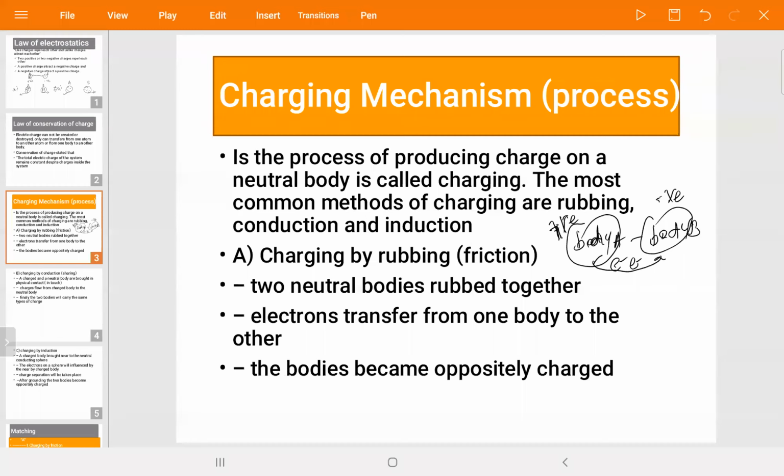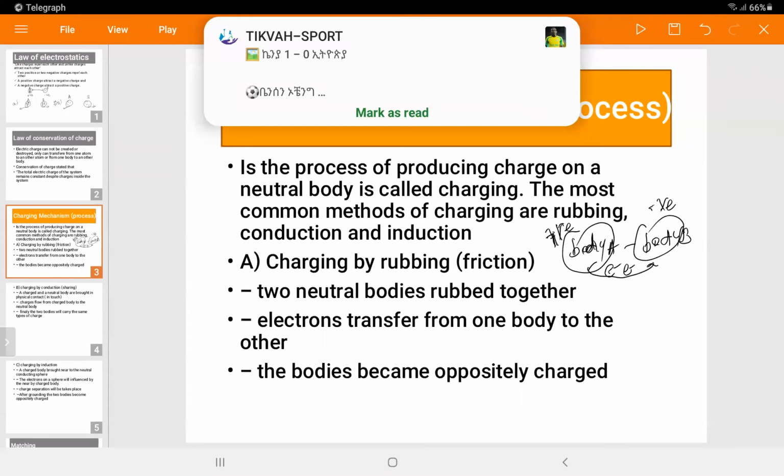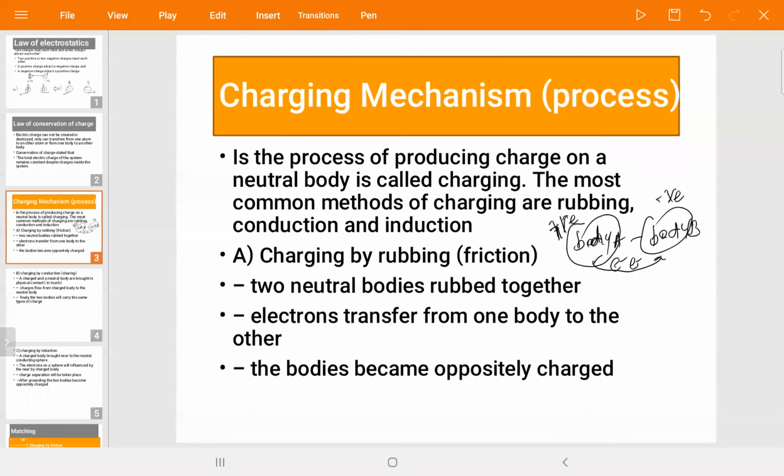Due to this transfer of electrons, the one that accepts electrons becomes negative, and the one that loses electrons becomes positive. So we have produced positive and negative charges, which means two different charges. Finally, the two bodies carry two opposite charges.